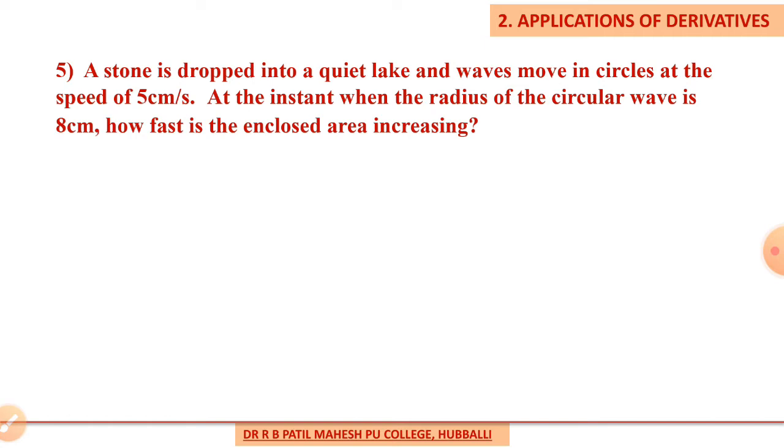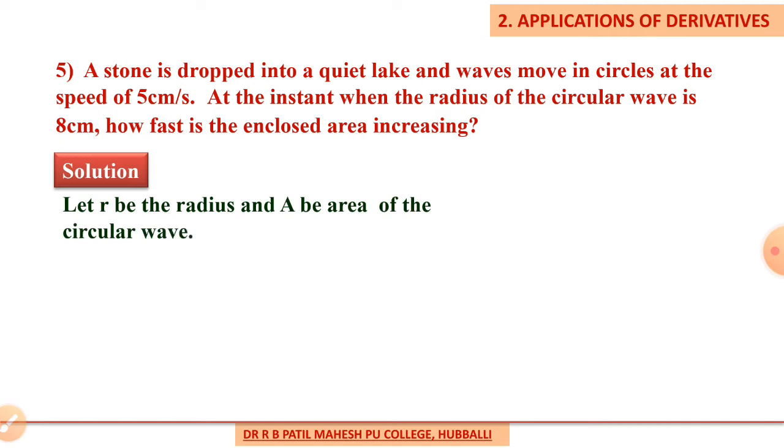So in this example, the first important thing is what the given term is and how to calculate the required term. First, let r be the radius and A be the area of the circular wave.